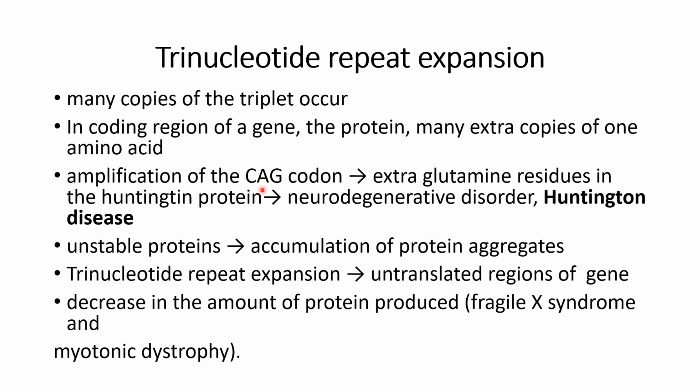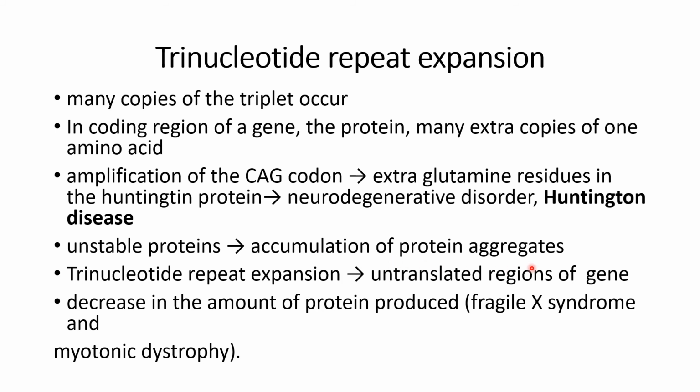Repeat amplification, or tandem repeat, of the CAG codon gives rise to extra glutamine residues in the polypeptide chain, and thus the Huntington proteins are formed, and this Huntington protein leads to Huntington disease. These are unstable proteins, and then they accumulate and thus form protein aggregates.